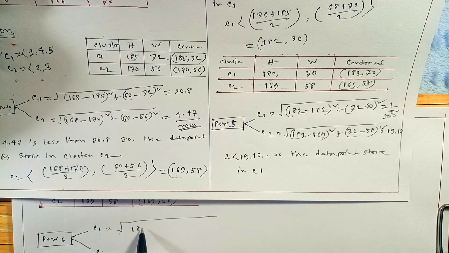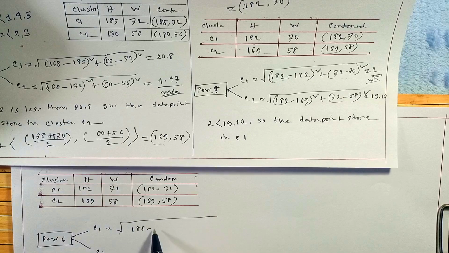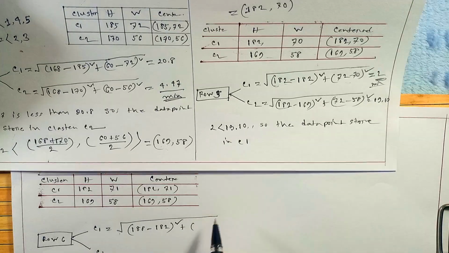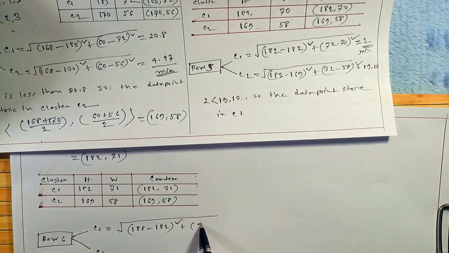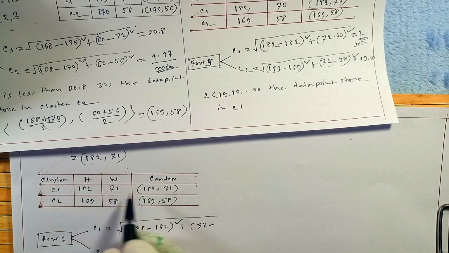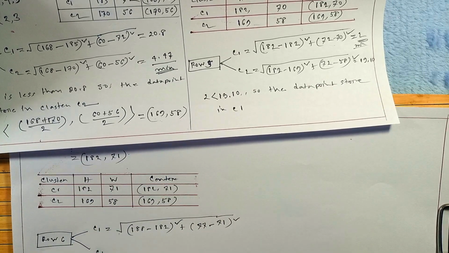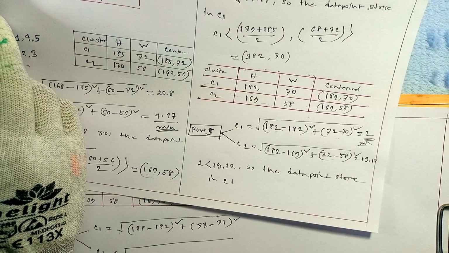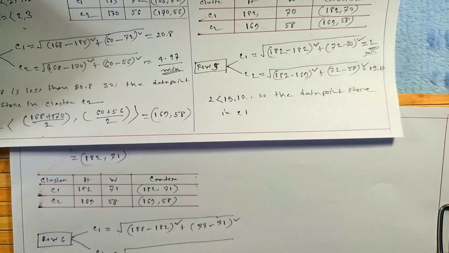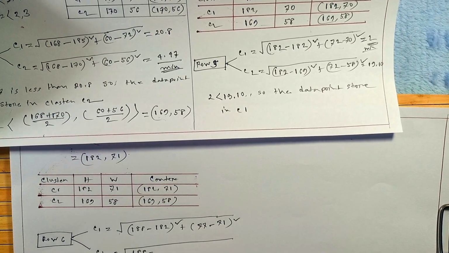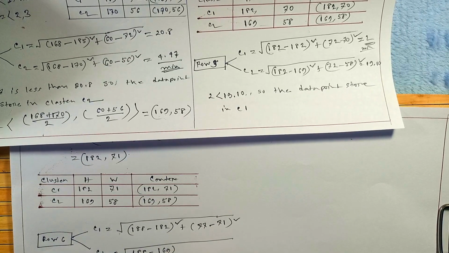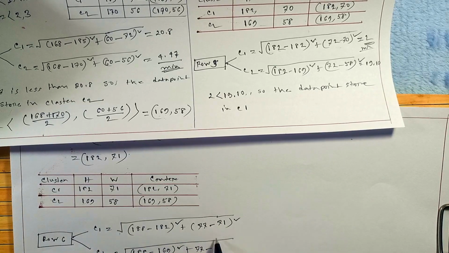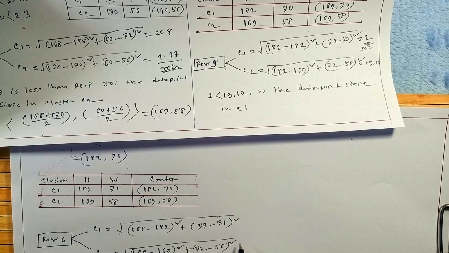So 188 minus C1's 182 whole square, plus 77 minus C1's 71 whole square. Then 188 minus the C2 value 169 whole square, plus 77 minus 58 whole square.